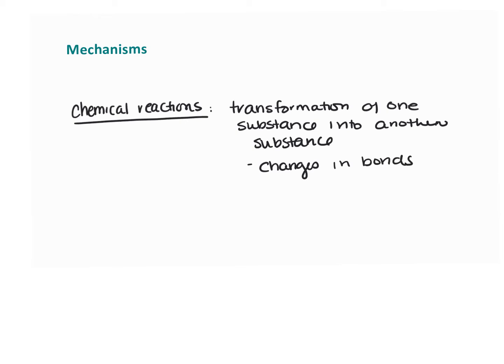So bonds have to break and bonds have to form. But in lab, to us at least, this appears to occur a lot of times as one smooth, continuous process. But if we could observe a reaction on the molecular level, we would see that the reaction occurs in distinct events called elementary steps, each of which is nearly instantaneous, and it changes the geometry, and it involves those breaking and forming of bonds.